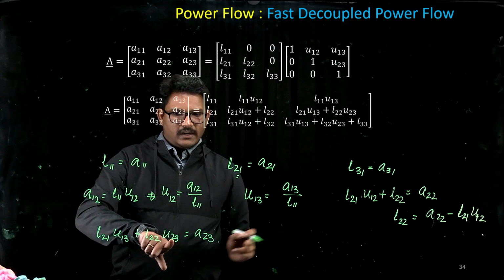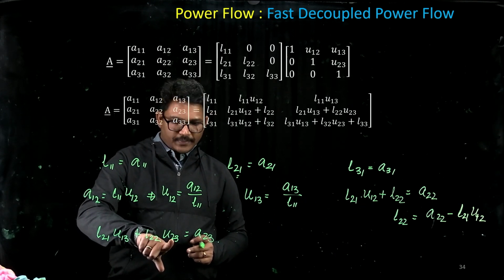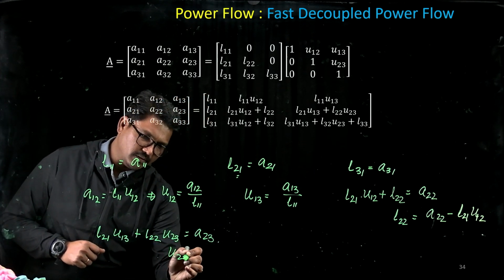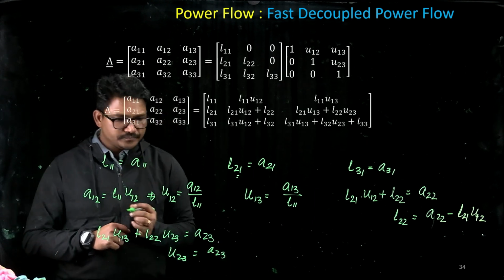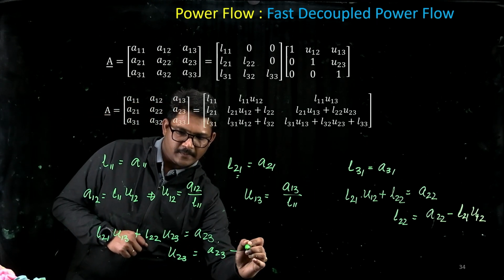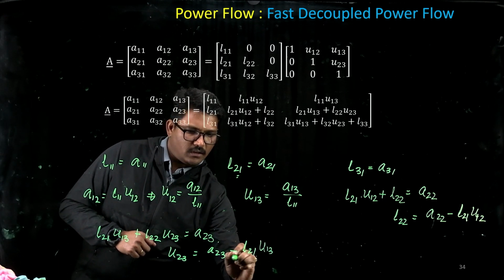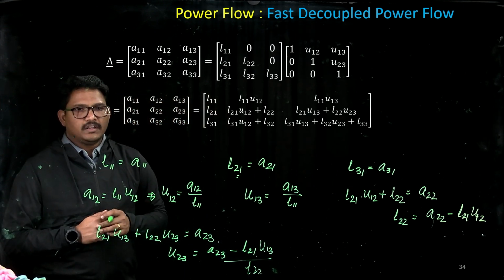L22 we calculated here and U23 is to be calculated. So you can get the value of U23 from here. So U23 is basically A23 minus L21 U13 upon L22. So that's where you'll be able to get U23.